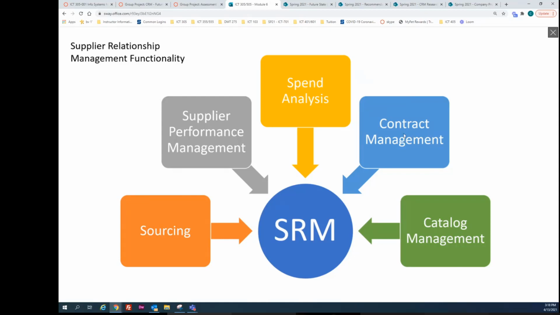Contract management, making sure that the supplier is truly living up to the contracts that we signed with them. And then catalog management, because even though for just the bouncy balls we have a supplier for borax, glue, cornstarch, and food coloring, across the company we may have 300 different vendors or suppliers that are bringing in information.